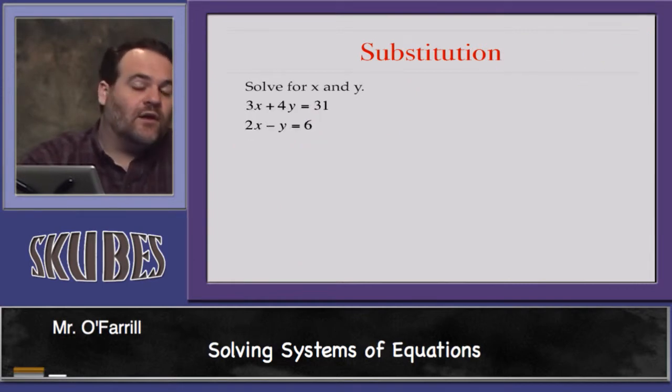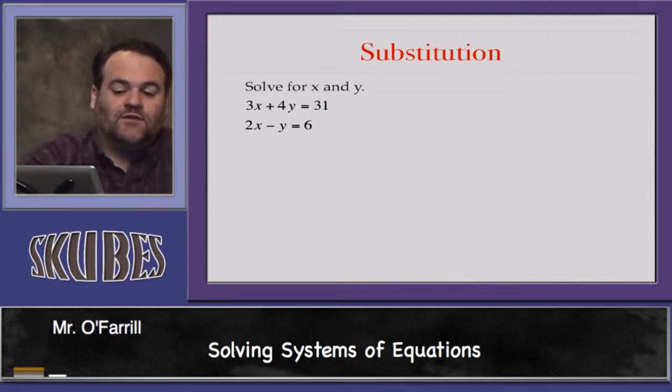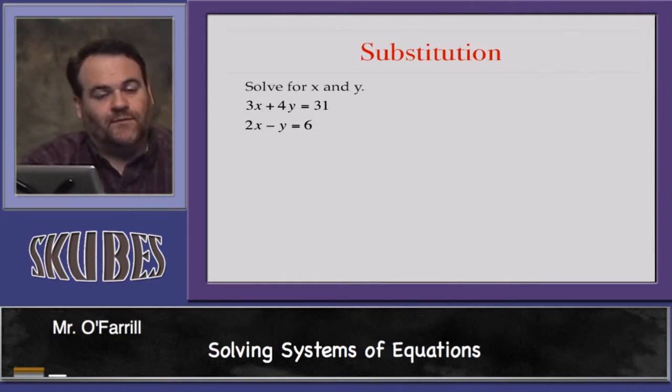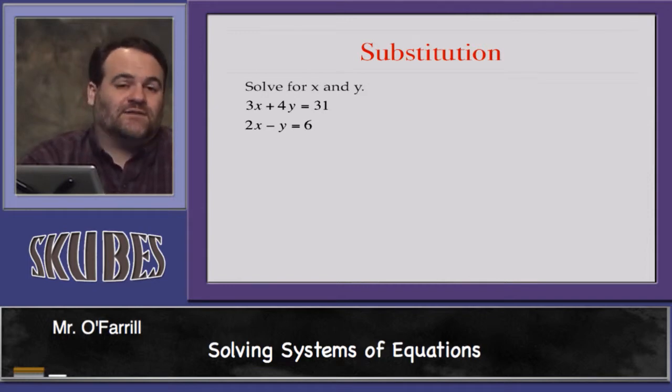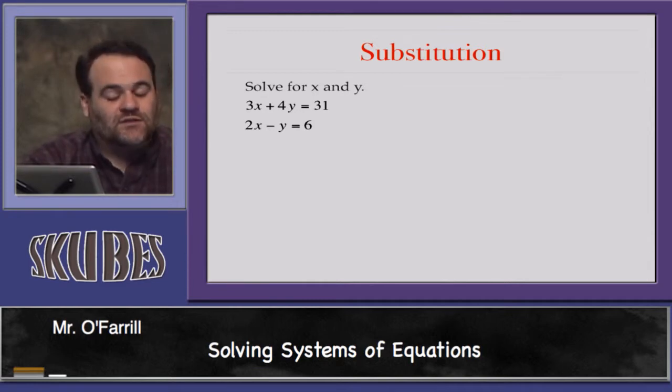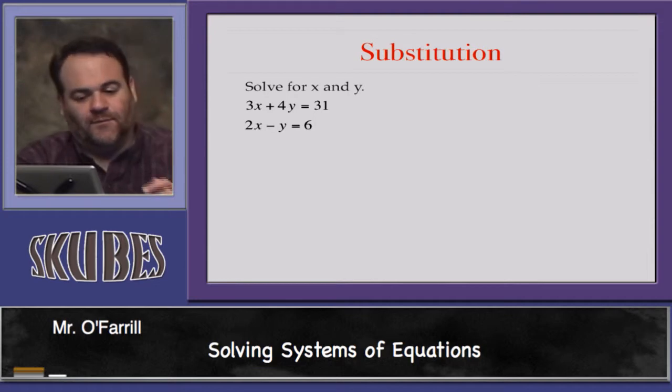So let's take a look at another system of equations. And we're going to solve it the exact same way, but this time I don't already have one of the variables solved for. But we can remedy that very quickly. Look at the second equation. There is no coefficient except for a negative sign, or negative 1, in front of that y. So we're going to use that one to solve for a single variable.